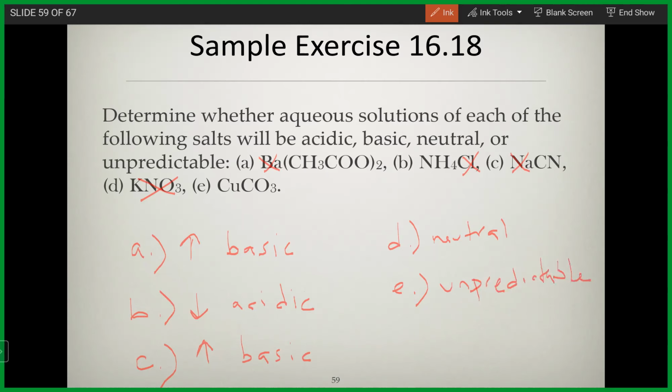Because the carbonate ion is going to be the conjugate base of a weak acid, we saw with the carbonic acid. And the copper is going to be the conjugate acid of a weak base. So we're going to see the copper ion would decrease the pH, the carbonate ion would increase the pH.